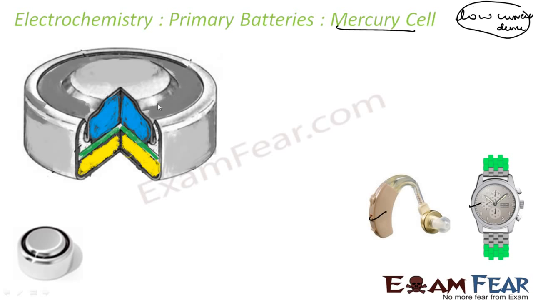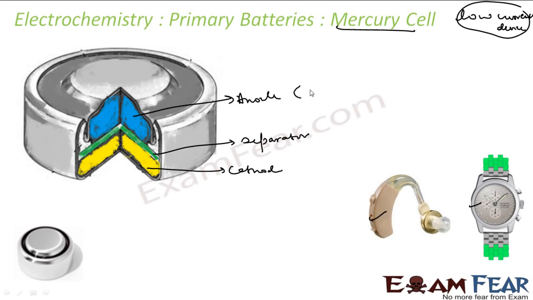If you see, this part is my anode. The yellow part is my cathode and the green is a separator. For the anode, a zinc and mercury amalgam is used.